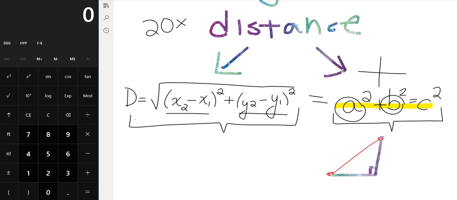Your a and your b value for your Pythagorean theorem are the 2 legs that you just drew in. It doesn't matter which one you call a and which one you call b. Those legs are your a and your b, and your c value is the length that you're looking for. This c value is the distance between the 2 points. So our goal is always going to be to solve for that c value by using a squared plus b squared equals c squared.